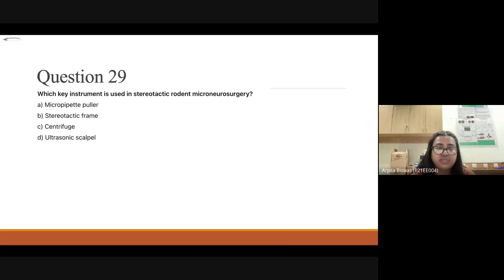Next is 29. Which key instrument is used in stereotactic rodent micro neurosurgery? First is the micropipette puller. Second is the stereotactic frame. Third is the centrifuge. And fourth is the ultrasonic scalpel.